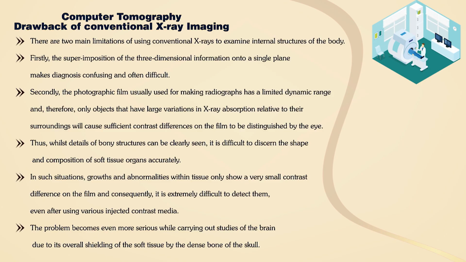Second, the photographic film usually used for making radiographs has a limited dynamic range, and therefore, only objects that have large variations in X-ray absorption relative to their surroundings will cause sufficient contrast differences on the film to be distinguished by the eye.